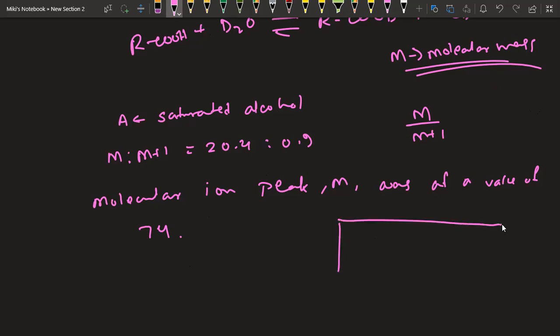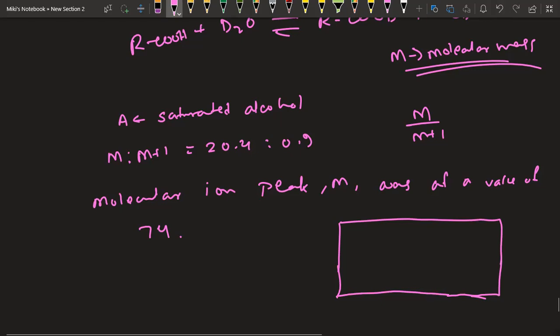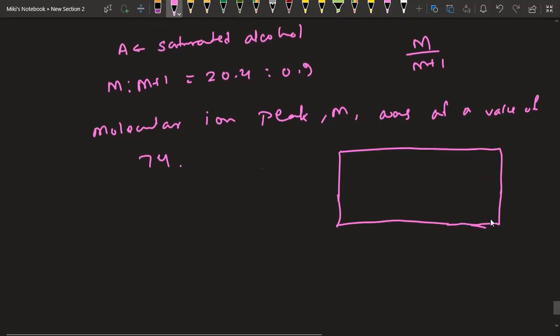And one other piece of information given here is the HNMR absorption values. Let's say it starts at 0, 2, 4, 6, 8, 10, 12, 14, 16. In the region of 0, we have our doublet. Then we have a singlet between, at greater than 2.